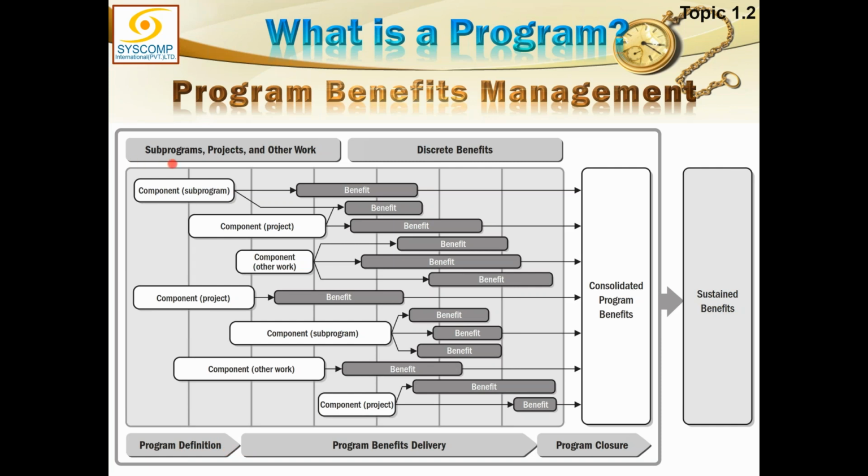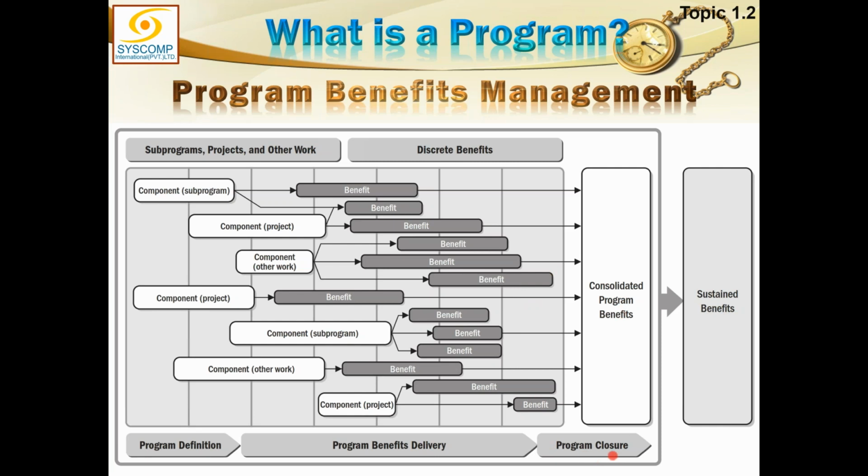If you look up there, all the sub-programs, projects and other work, which are all the different components, they encompass the beginning till end of all the components. And discrete benefit means the ultimate benefits coming from each and every one of those components. These are the discrete components, which are later to be consolidated during the program closure.